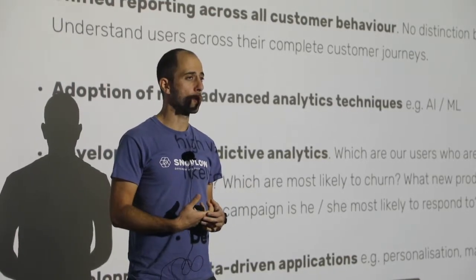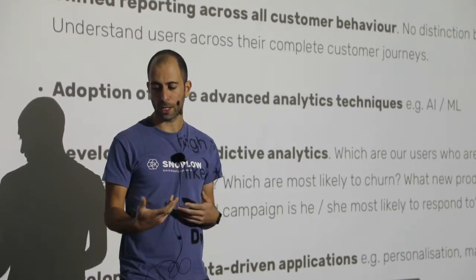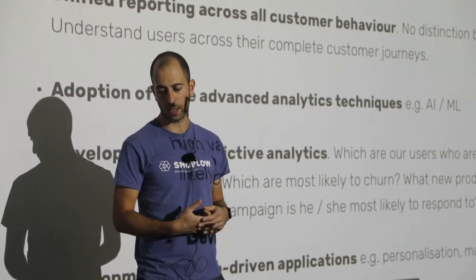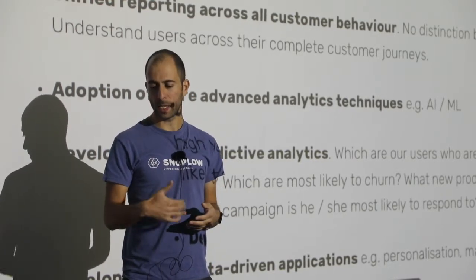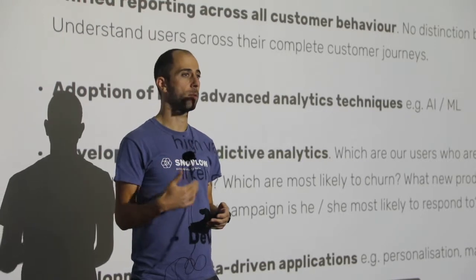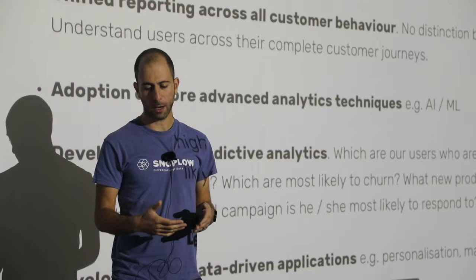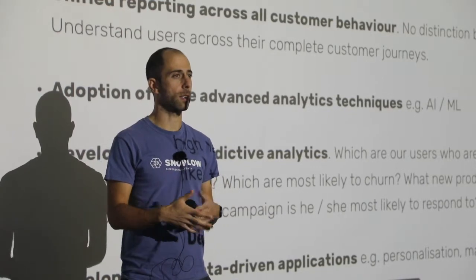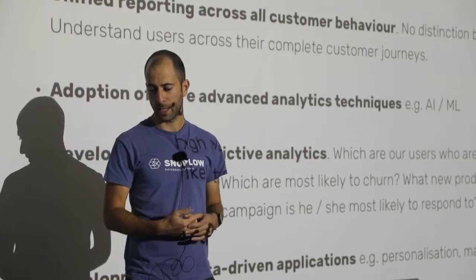The other interesting thing that we see across this user base is increasing adoption of more advanced analytics techniques. And the ones that get the most press and attention are those around artificial intelligence and machine learning. Related to that, we see a lot of interest in predictive analytics. So predictive analytics is a really interesting area. Some of the most actionable insight that we see people delivering with the data come from applying predictive analytics techniques.